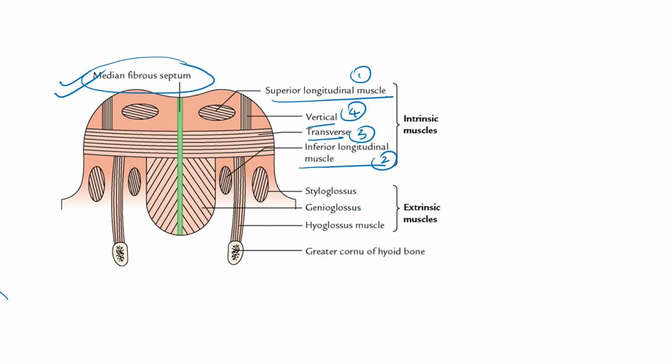To begin with, the very first muscle, the superior longitudinal muscle. The superior longitudinal muscle arises beneath the dorsal surface from the mucous membrane, and it is inserted onto the sides of the tongue. The next muscle is the inferior longitudinal muscle.